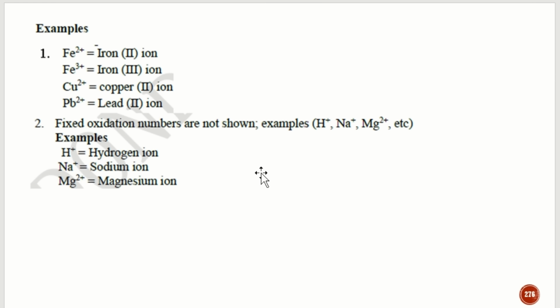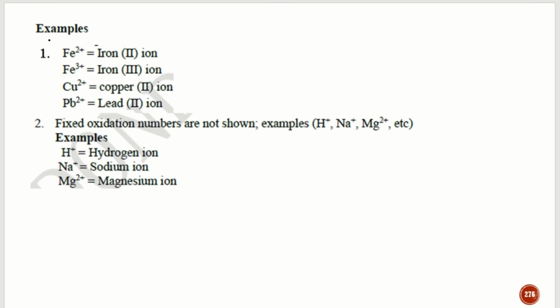If I have Fe2+, Fe3+, Cu2+, and Pb2+, the rule says that I should identify my element. So my Fe2+ stands for Fe is iron. Now the oxidation state of iron is the charge the iron is carrying. So iron is carrying a +2 charge.